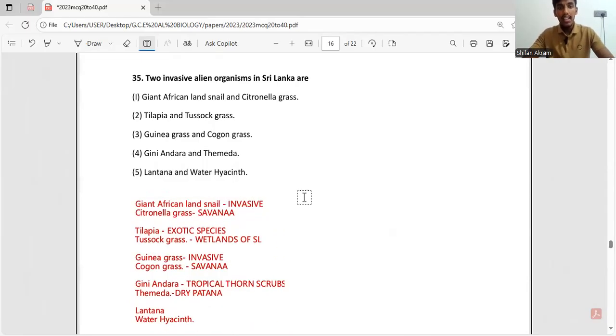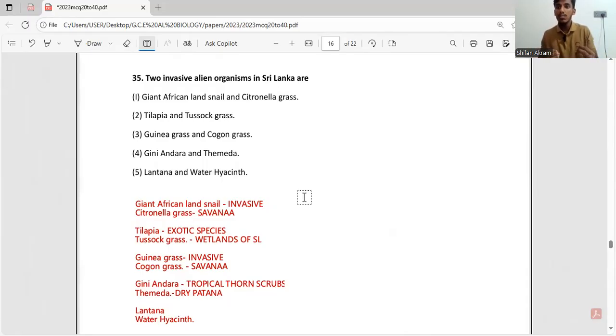Finally, we have lantana and water hyacinth. Okay, we know lantana and water hyacinth are both invasive alien organisms, right? If you know water hyacinth, they are present on the surface of the water, right? If you see certain ponds and lakes, you can see water hyacinth, and they really block the sunlight and kill the organisms that are present inside the water, because they block the sunlight.